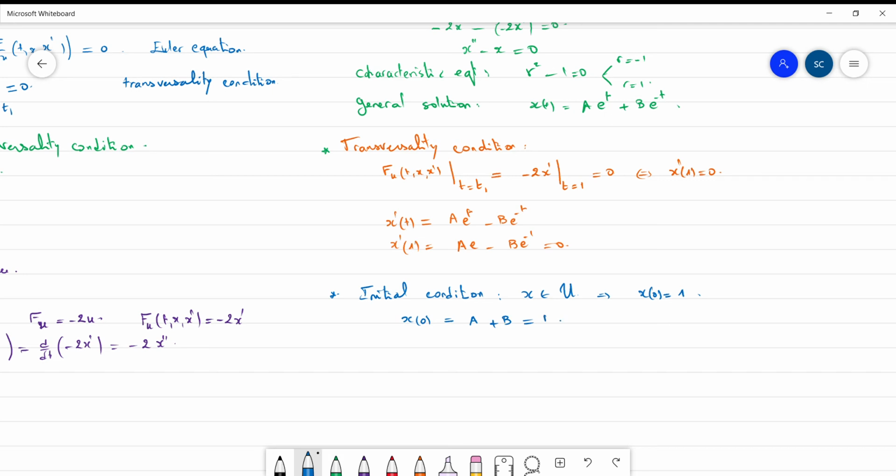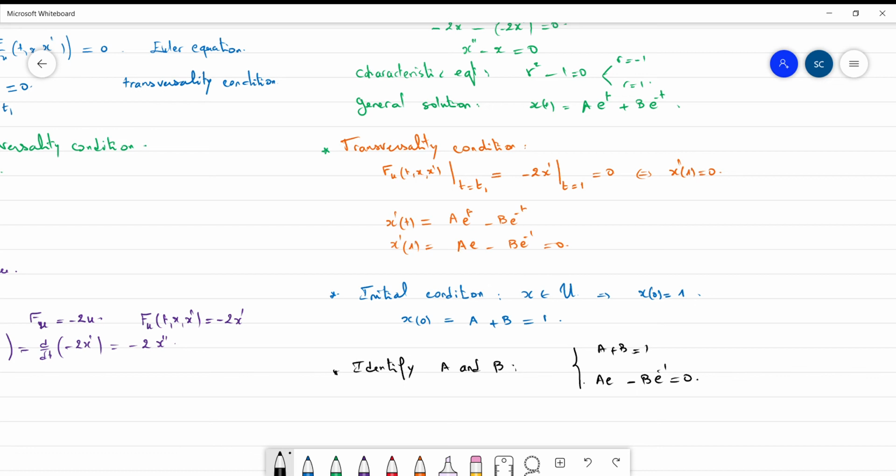So let's identify a and b. We have a system: a plus b equals 1 and a e minus b e^(-1) equals 0. So we can deduce the two values for a and b.